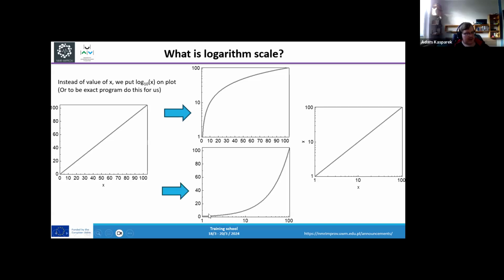And here, when we change the x scale, the same result, which was a simple straight line, changes to an exponential function. Of course, if you make both x and y axes logarithmic, then the result will once more be a straight line.